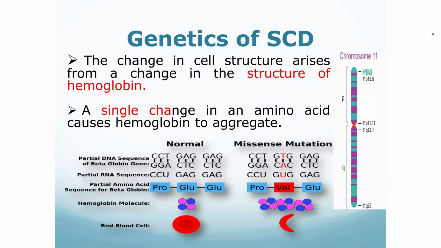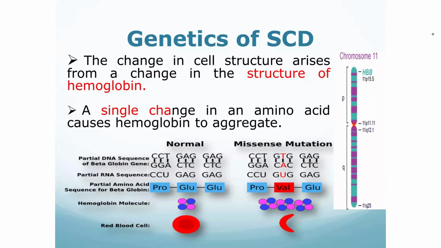So you see, this is the normal, let's say a partial DNA sequence of beta globin. In this DNA sequence, we have CCT, GAG, GAG. Let's look at the amino acids. This DNA will be converted to produce a partial RNA sequence with CCU, GAG, then GAG again.